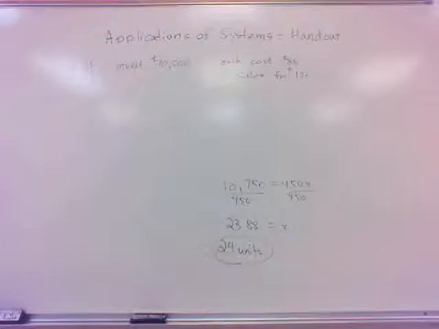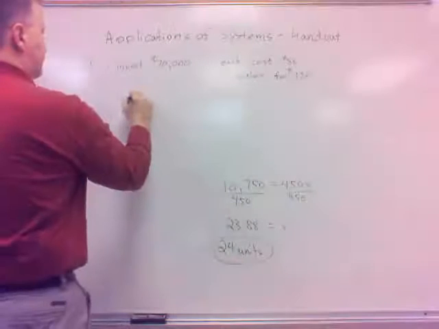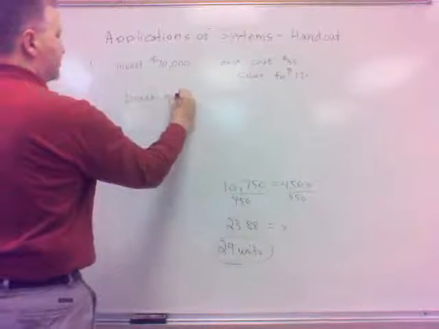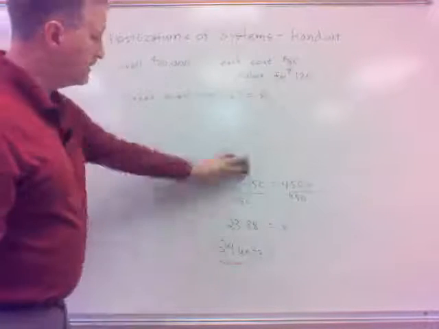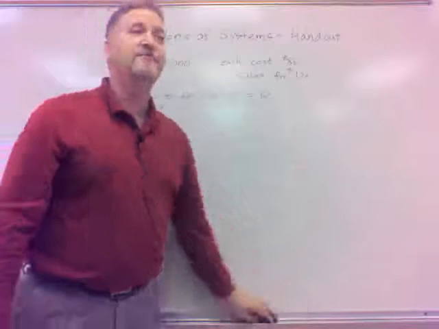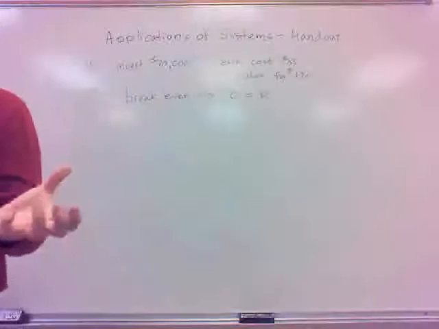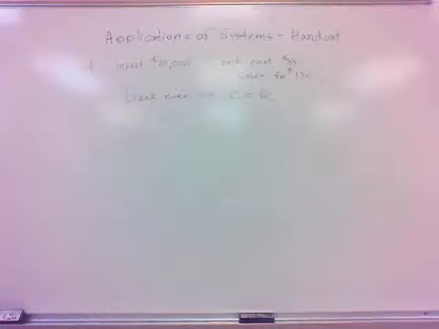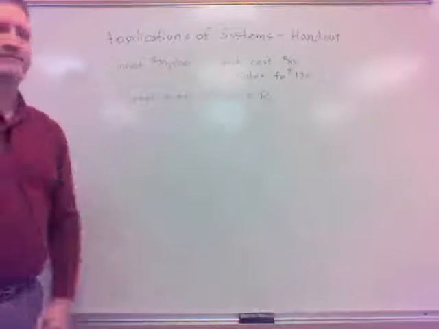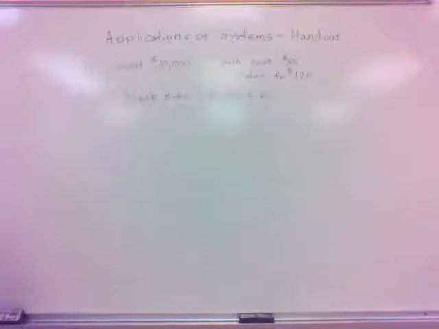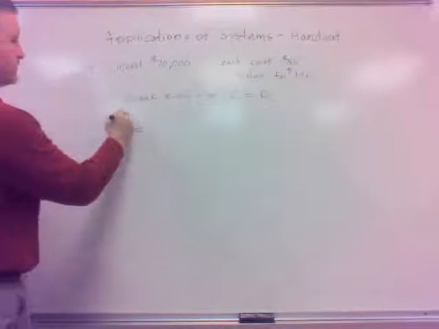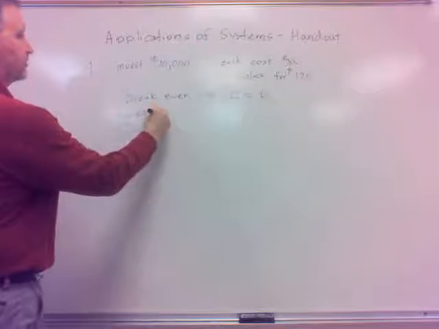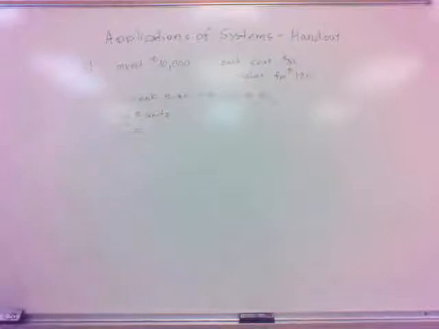So again, I want the cost to equal the revenue. But in this case, we're not given the cost equation, nor are we given the revenue equation. We have to fill that in for ourselves here. But that's not too bad. What would the cost be to produce X units, if X is the number of units?